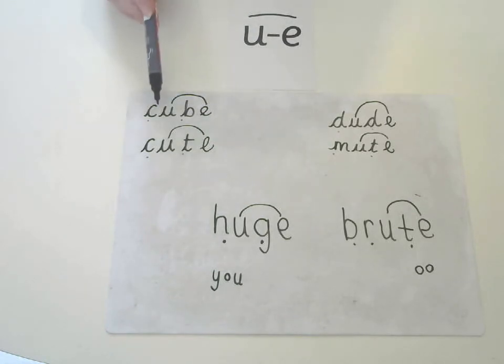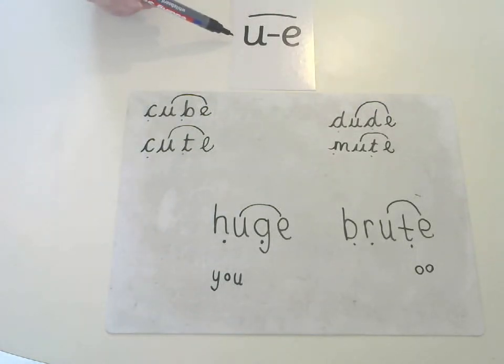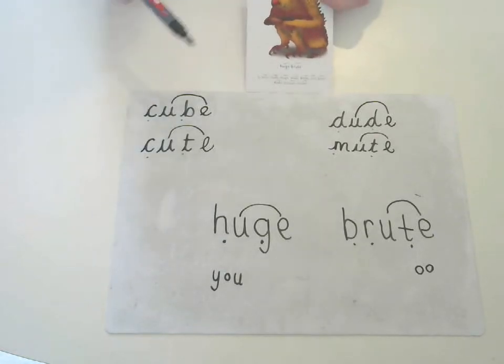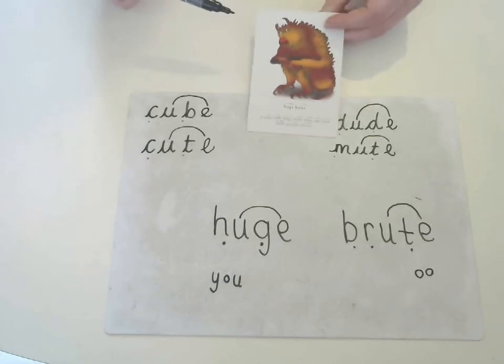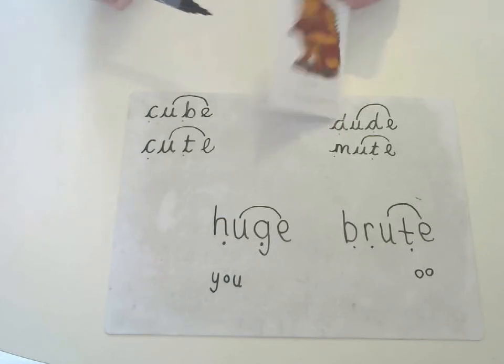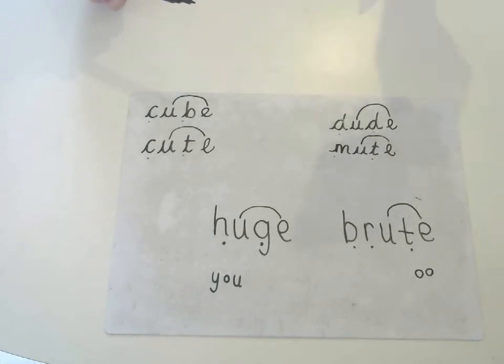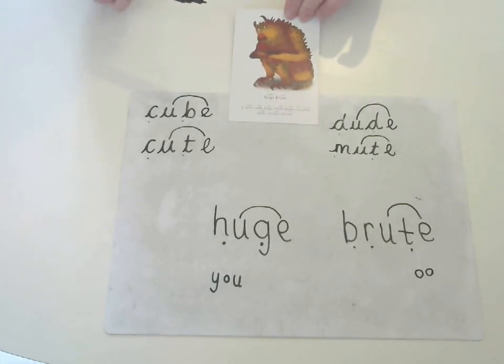So we have that oo, u, split digraph sound. Oo or u. I can see a huge brute. Oo, u, I can see a huge brute.